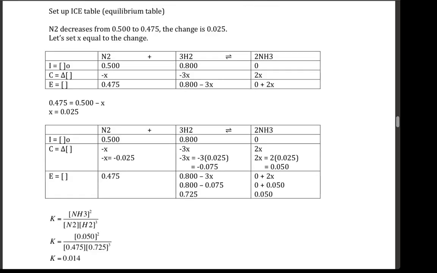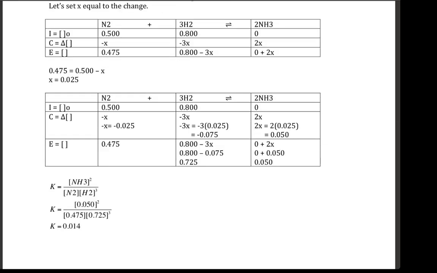Now we have the concentrations at equilibrium, so we can put them into our equilibrium expression. We have the NH3, 0.050 squared over the N2, 0.475, over the H2 cubed, 0.725 cubed, and we calculate K to be 0.014.